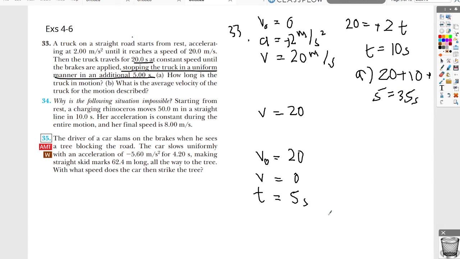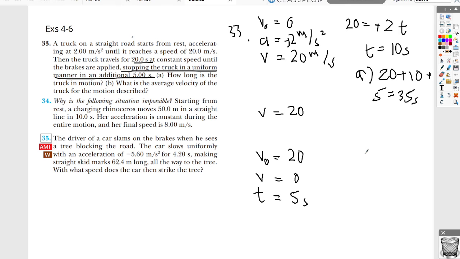What's the average velocity of the truck for the motion described? Now, this is definitely going to be a little bit hard. But to find average velocity, we have to take the change in acceleration over, oh, wait, no, I'm sorry, that's wrong. That's 100% wrong.